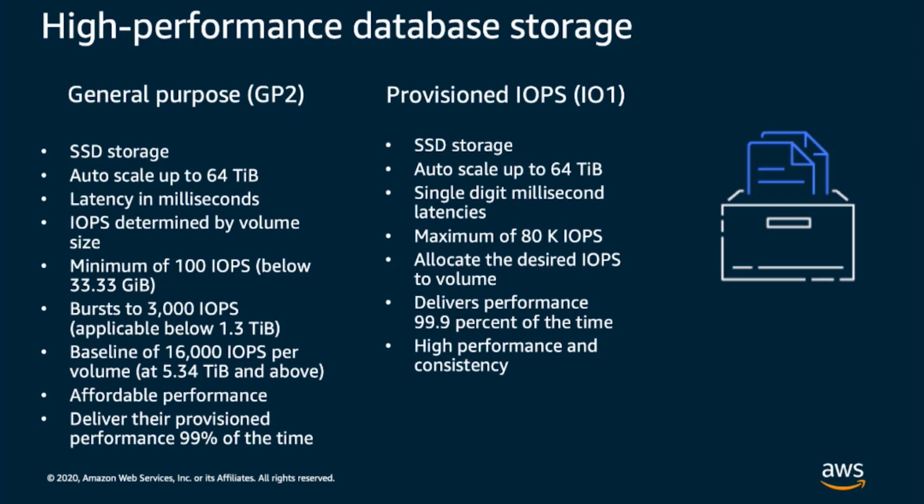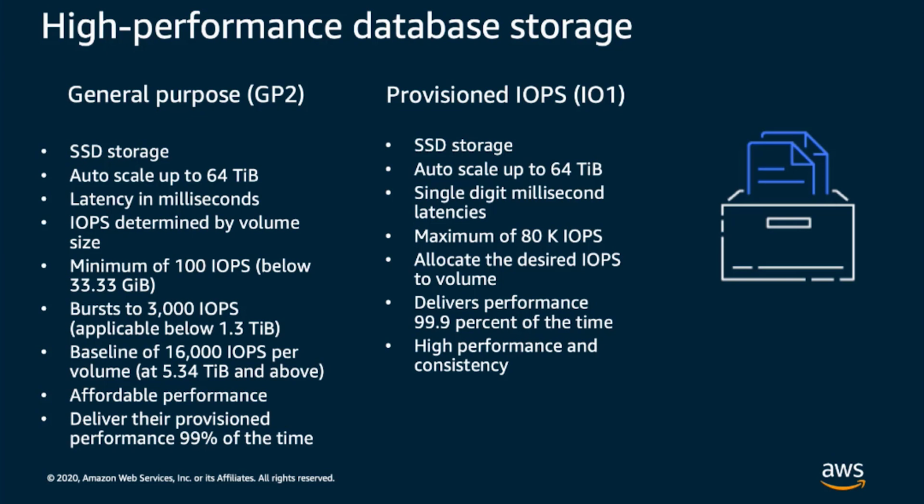The key thing with general purpose is that IOPS are determined by the volume size. For example, each 1 gig of GP2 will give you 3 IOPS. So if you have 100 gigs of storage, then you will get 300 IOPS. You get a minimum of 100 IOPS if you have a storage size below 33 gigs.